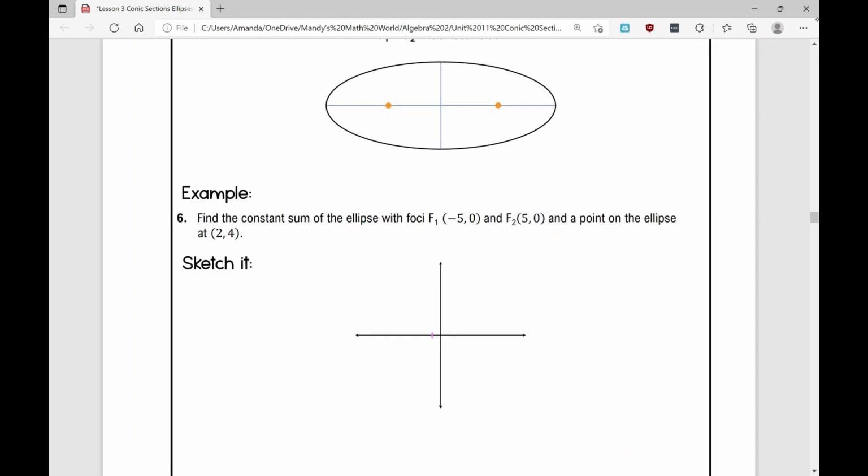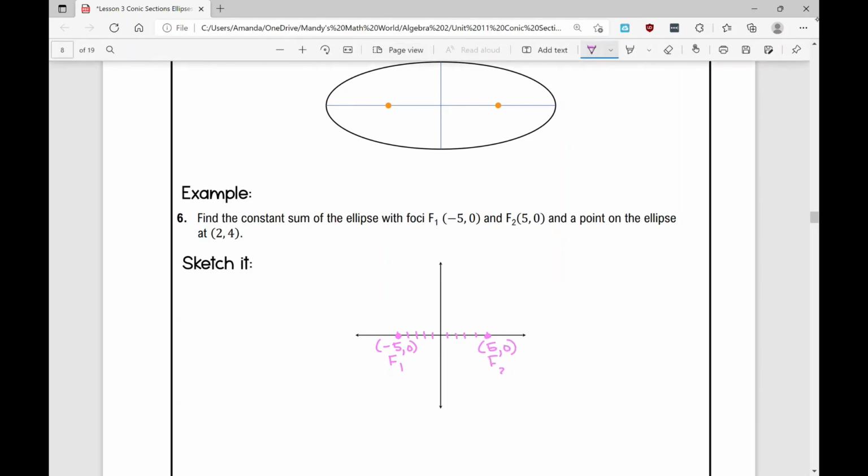We've got one focus at (-5, 0), that is f sub 1, and our other focus at (5, 0), labeled f sub 2. We have a point on the ellipse at (2, 4), so 2 over and up 1, 2, 3, 4. So here's our point on the ellipse.